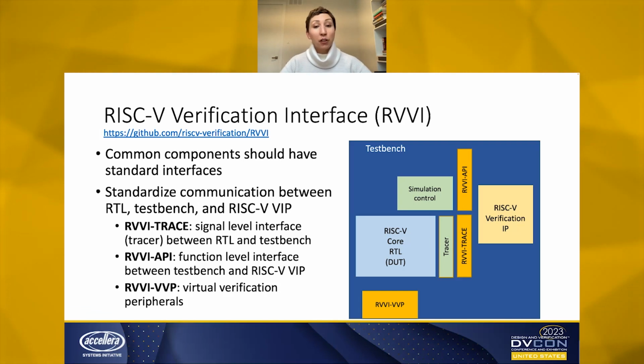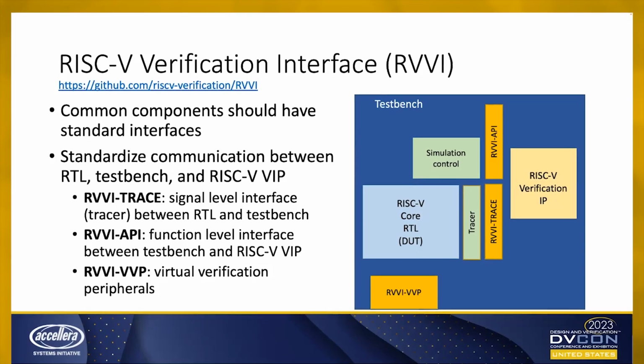The source code for RVVI is publicly available on GitHub at the link at the top of this slide. And the purpose of RVVI is to standardize the communication between a test bench and a RISC-V design under test, and also the test bench and a piece of RISC-V verification IP.